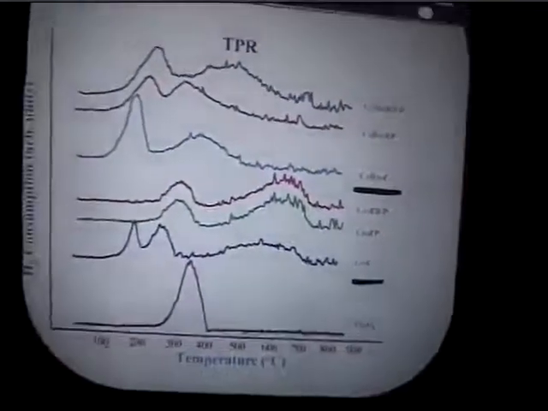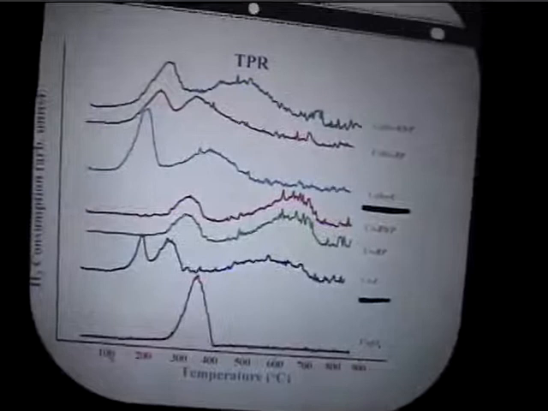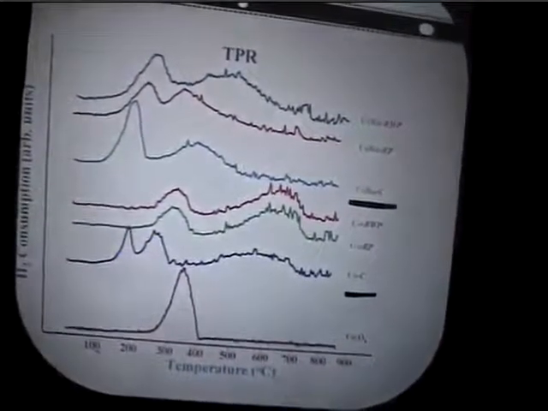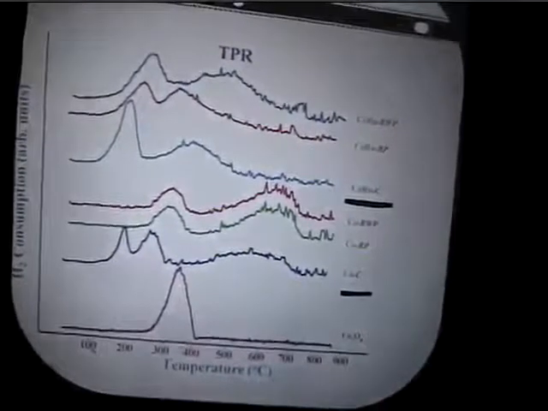However, three steps of reduction can be seen for the calcined cobalt catalyst, where the first step is just the reduction of smaller particles of cobalt oxide or highly dispersed Co3O4 to CoO and cobalt metal. From TPR, we can see that ruthenium promotion can facilitate the reduction process by lowering the reduction temperature, whereas water vapor inhibits the reduction process, resulting in a shift of the second peak to higher temperature.